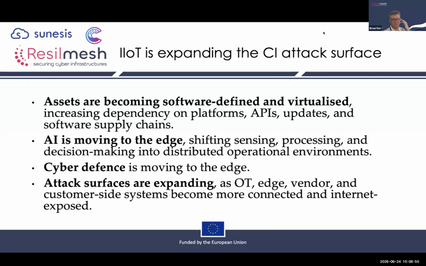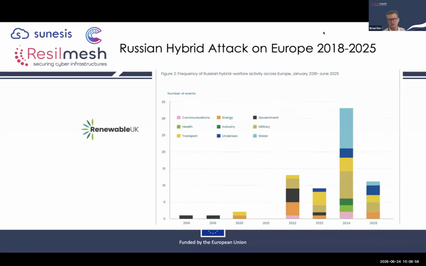But before moving on to see how we address those challenges, let's take a little look at some of the reality that's happening around threat models and threats within the networks themselves. This is a slide from a white paper released by Renewable UK, the Organization for Renewable Energy in the UK.